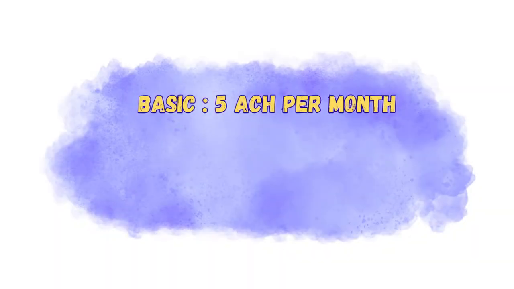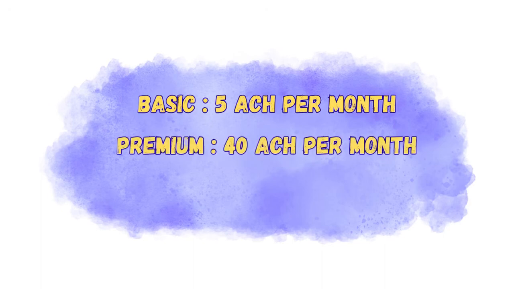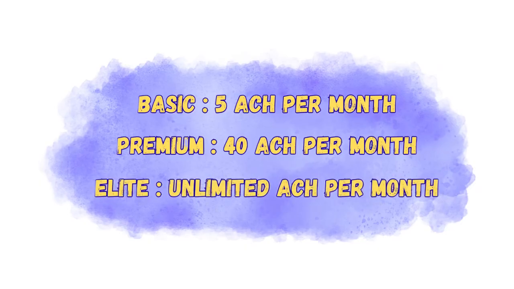We can schedule a payment from our bank account to a vendor using QuickBooks Bill Pay. There are 3 plans to choose from. The basic plan is free and includes 5 ACH payments per month. The premium plan is $15 per month and includes 40 ACH payments. The elite plan is $90 per month and includes unlimited ACH payments.